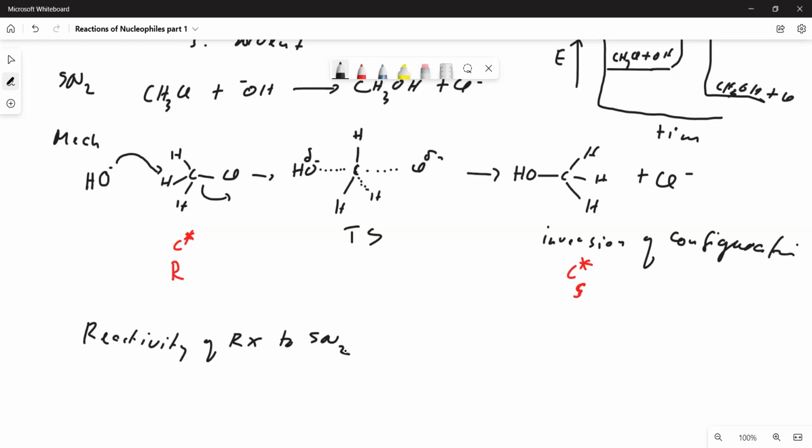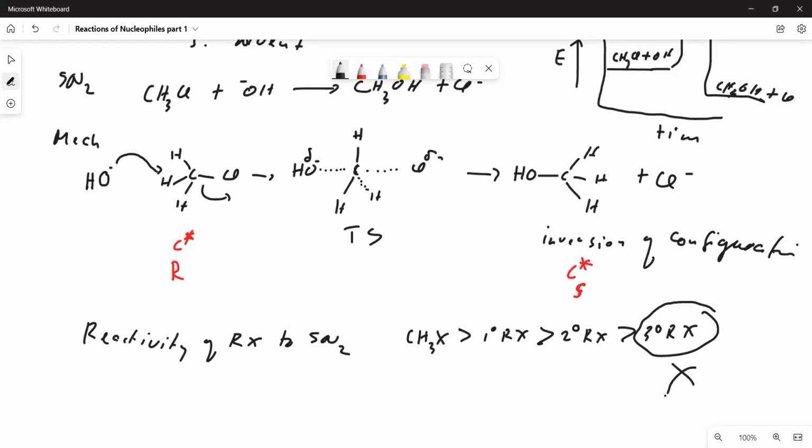So based on that, we can say that the most reactive alkyl halide to SN2 will be the methyl halide, followed by the primary alkyl halide, followed by the secondary alkyl halide, and the least reactive, of course, is the tertiary. In fact, the tertiary, because of its slowness, will no longer undergo SN2 reaction.